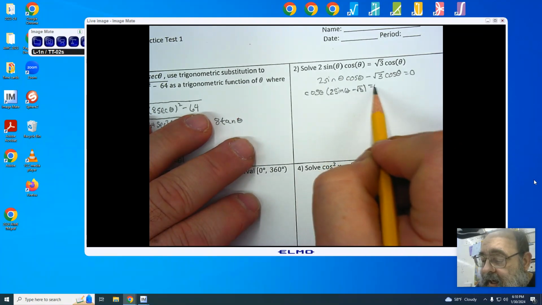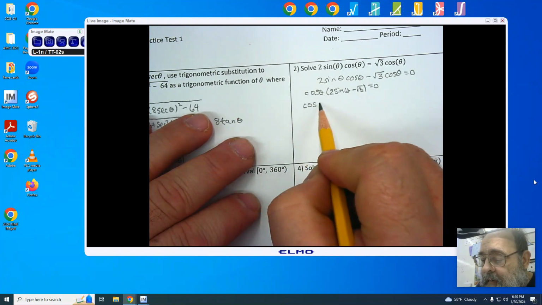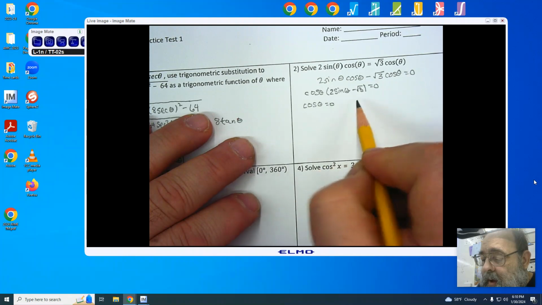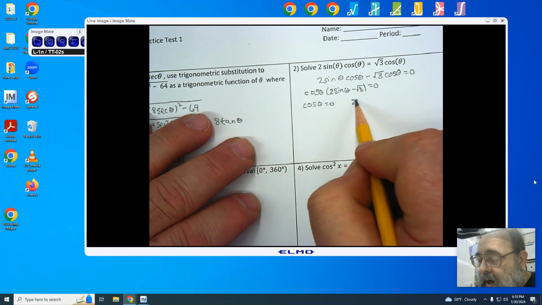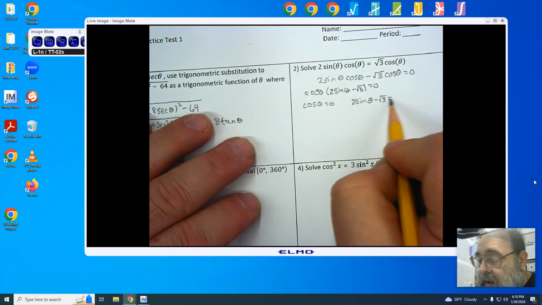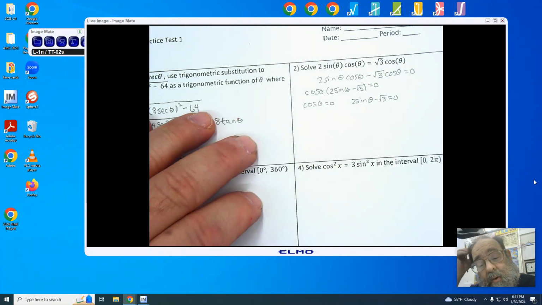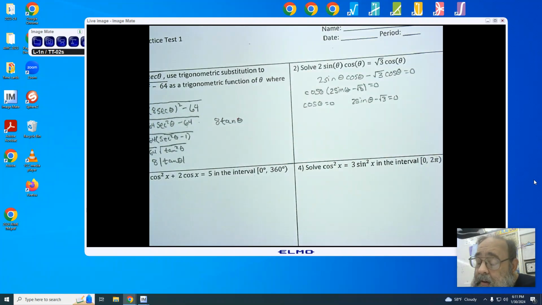We're now going to set each factor equal to 0. That means that the cosine of theta is going to equal 0, and the 2 sine of theta minus root 3 is equal to 0. Now, because I have the cosine, I'm going to say, hey, when is cosine 0?